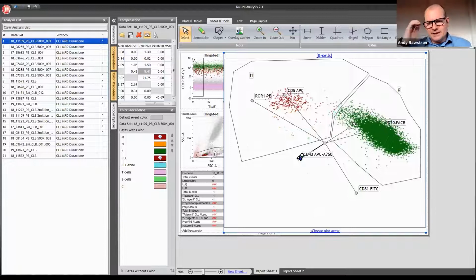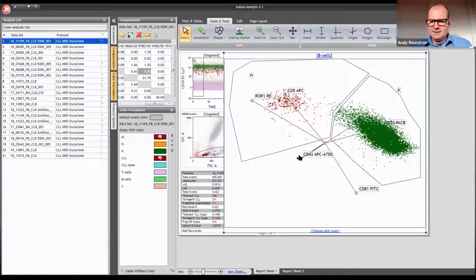But that orientation seems to work. Does that make sense? So CD5 and ROR1 that way, but you might have to pull them further on one machine than on another, and CD79B and CD20 this way, but maybe you have to pull further on one machine than another. Does that answer the question?